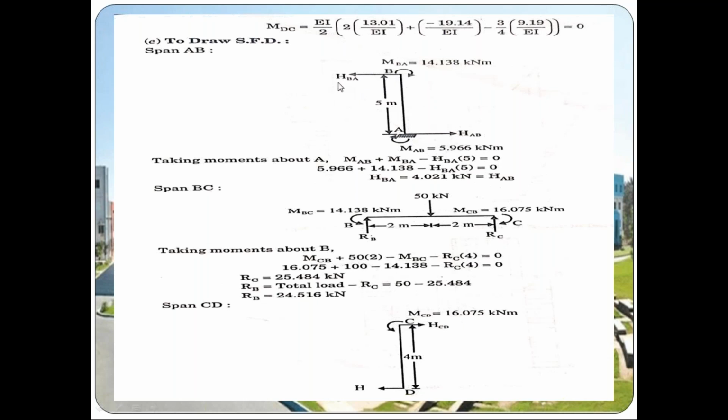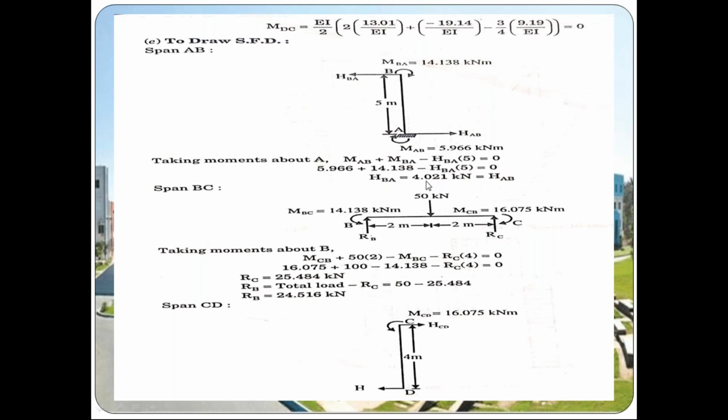We name the reactions HAB and HBA, and we have moments at both ends. At joint A we are getting a positive value, 5.996, a clockwise moment MAB of 5.996 kilonewton meter. MBA is also a clockwise moment, plus 14.138 kilonewton meter. Taking moment about point A and resolving, we get HBA equal to 4.021 kilonewton.